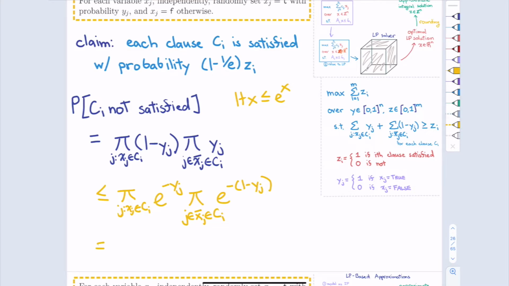Okay, get this. E to the negative sum. I'll put the negative sign. Sum it. Even if you can't read my handwriting, hopefully you can guess what I intend to write. Okay. So in the top right corner in the exponent, now I have something I know how to work with. This thing is at least zi.